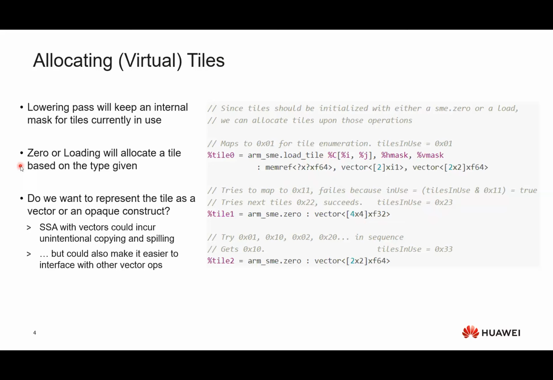I think the consensus is that we want to use a vector as the representation of this tile, but there might also be advantages to using an opaque construct. However, that would make it harder to interface with other vector ops, to use this data tile as a collection of vectors.